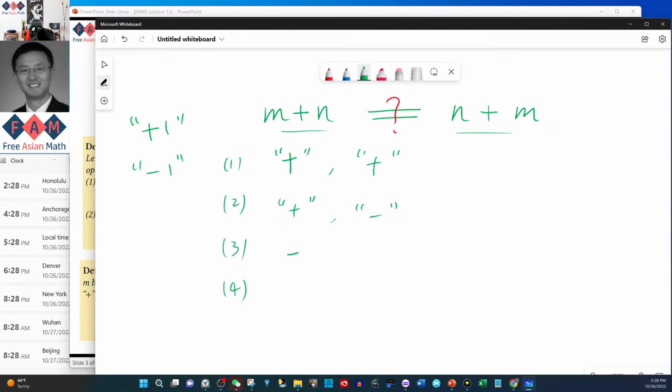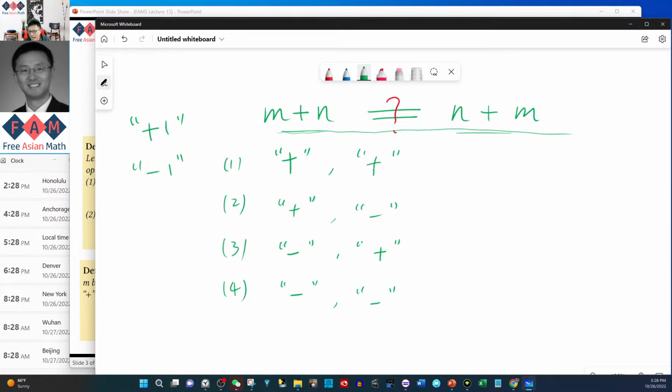The third, of course, is m negative and n positive. And finally, m is negative and n is also negative. We want to consider all those cases in order to evaluate whether this equality relationship is indeed true. So let's first consider the first case.